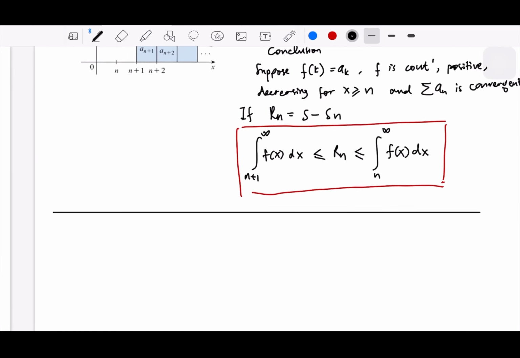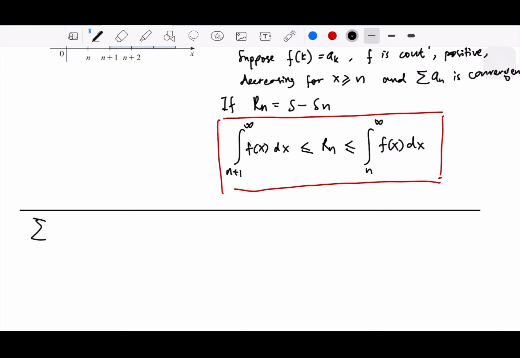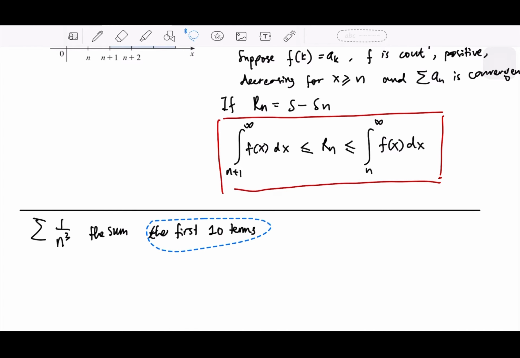If we have the series, for example, the series of 1 over n cubed, and we want the sum of the first 10 terms, we need to estimate the error.